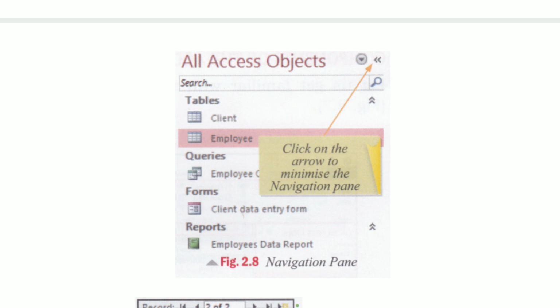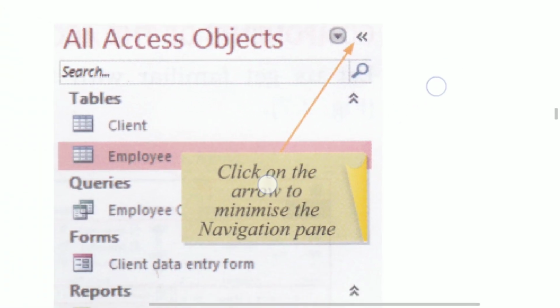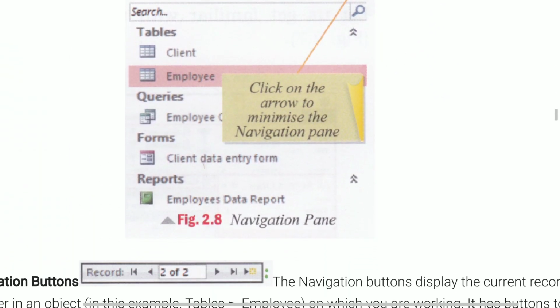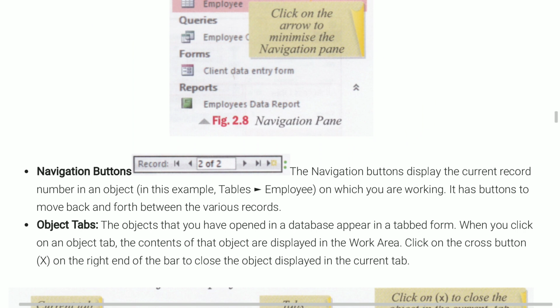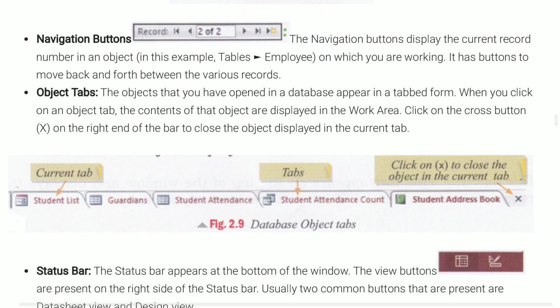Now the next one is navigation buttons. As you can see on the screen, the next component of the Microsoft Access window is navigation buttons. The navigation buttons display the current record number in an object, for example a table, the name of the table on which we are working.